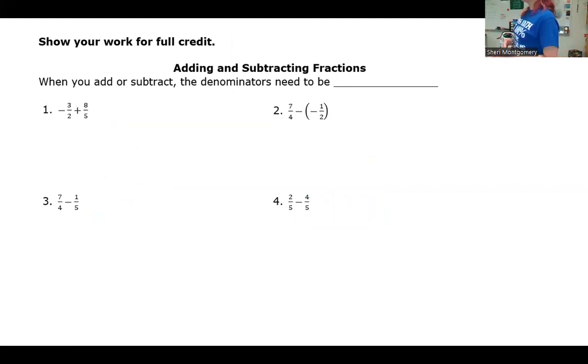The reason it's more challenging is because you have to make sure the denominators are common. They have to be alike, they have to be the same. They have to be a common denominator. So when you're adding and subtracting, you have to make sure of that first.